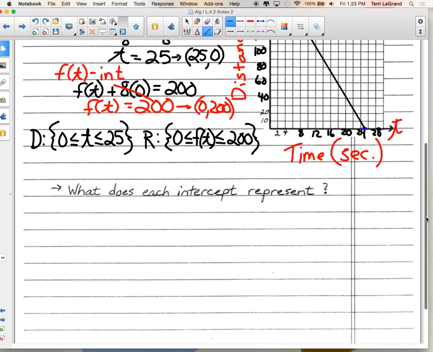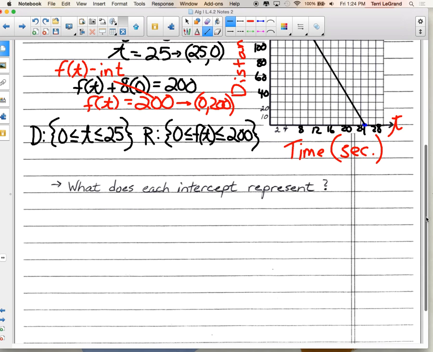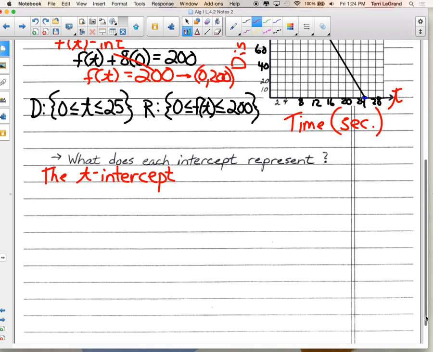Okay, let's start talking about what each of those intercepts represents then. So the t-intercept, no abbreviating here like I did up above. The t-intercept represents what? Okay, is it representing her speed?